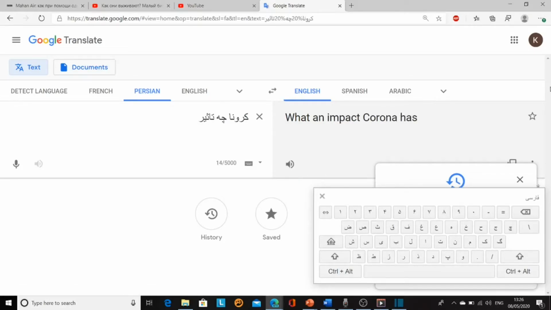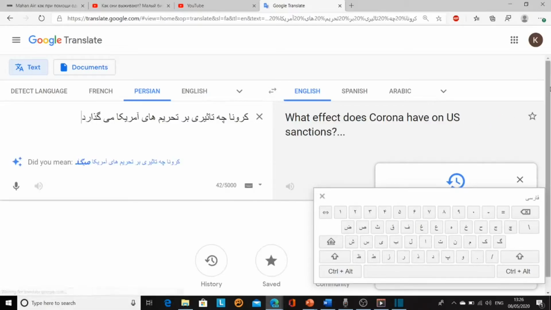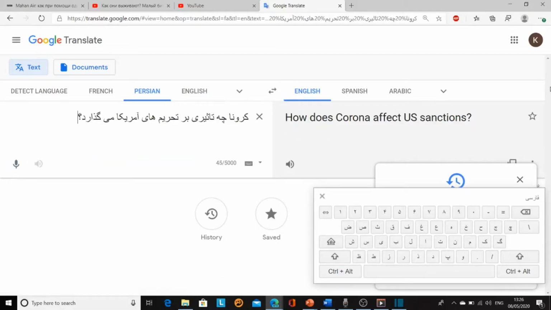Effects on sanctions America, and I know that the verb goes at the end. I check back on my text that I wrote down, or that I'm just translating from a website or whatever. It looks like it's pretty much done correctly.